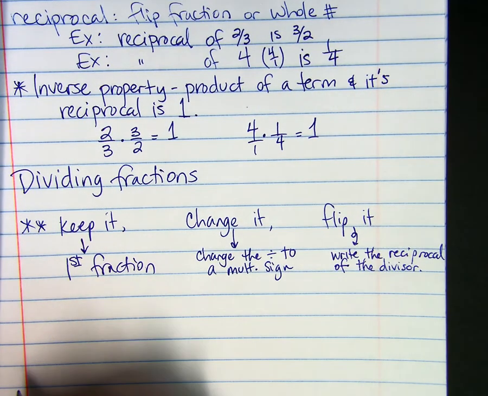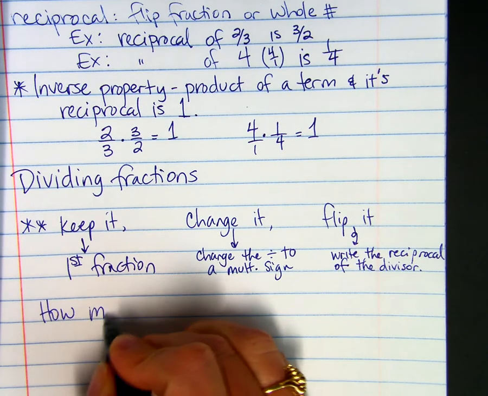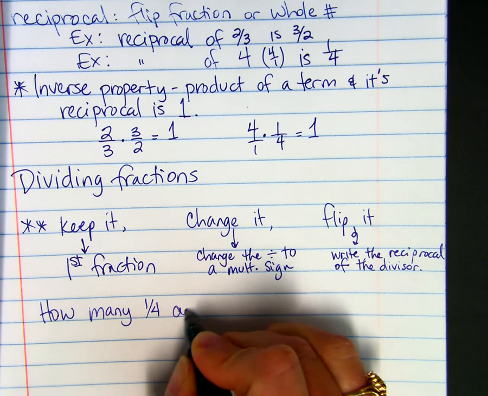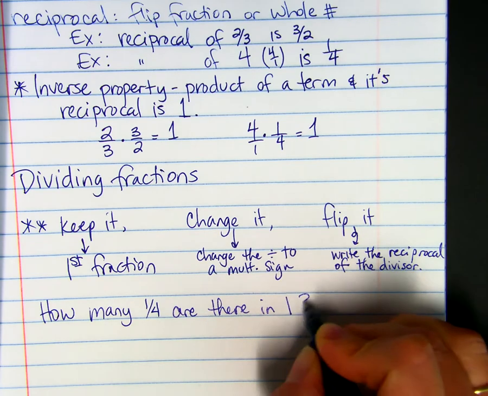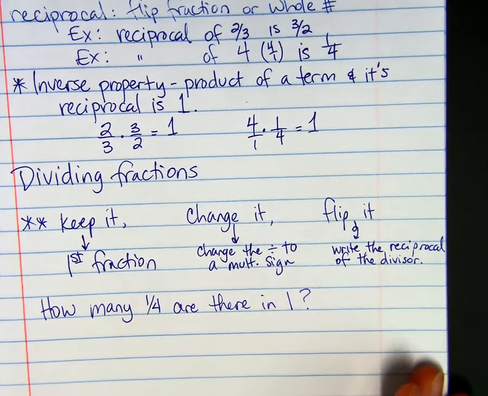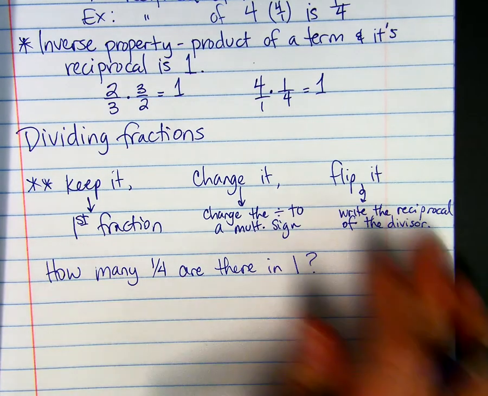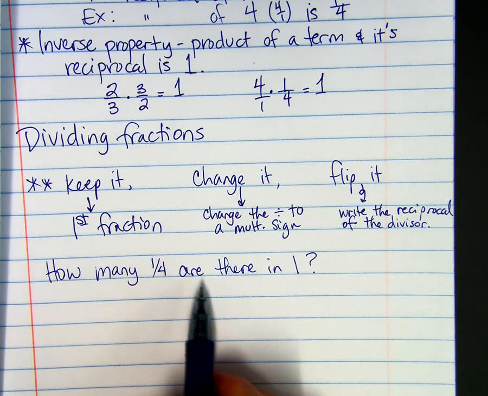So, how many 1/4ths are there in 1? You guys already know that there's going to be 4. But if we're thinking about it as a division problem, how many 1/4ths are in 1?